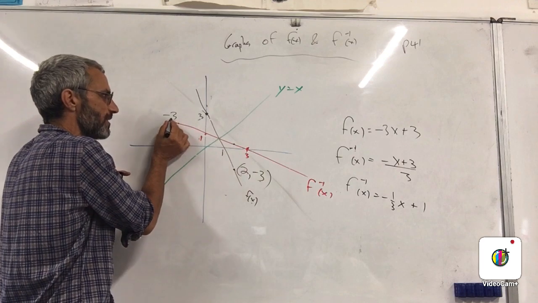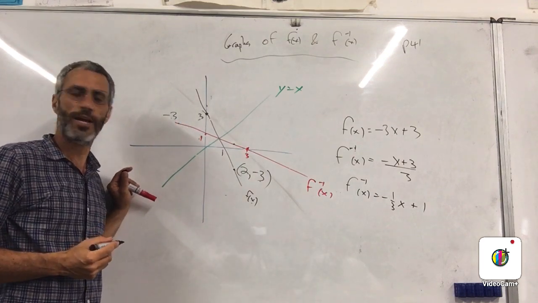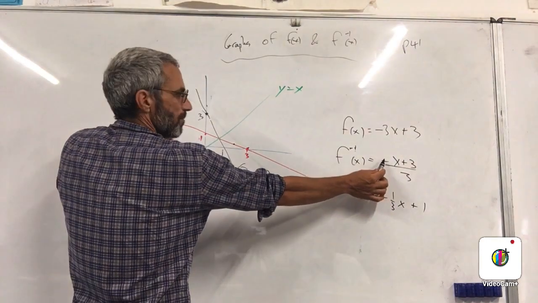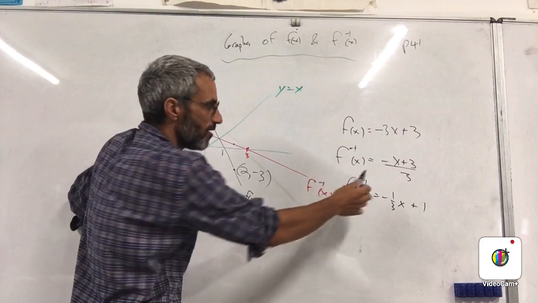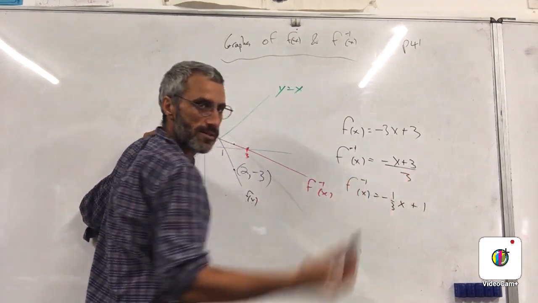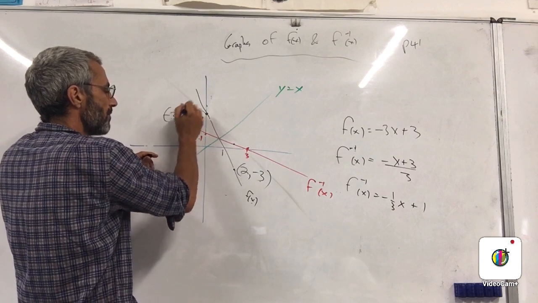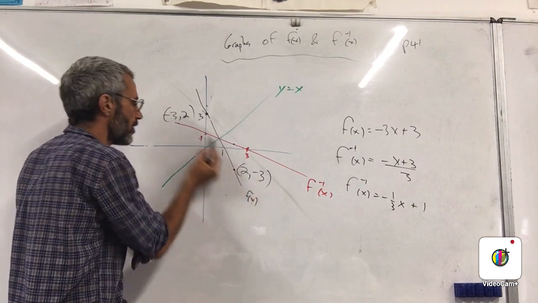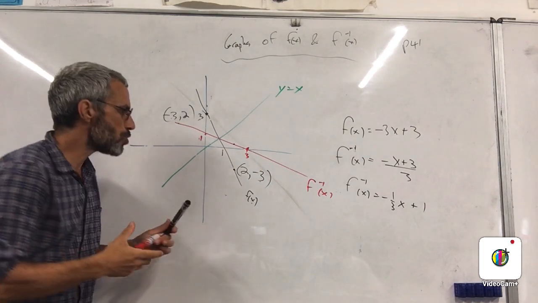If x is minus 3, I'm claiming the y should be 2. Let's see if that's true. If I put minus 3 here, minus minus 3 is 3, 3 plus 3 is 6, 6 divided by 3 is 2. So it's like magic. If you put 2, minus 3, then on the inverse function it should be minus 3, 2. It works out with anyone.